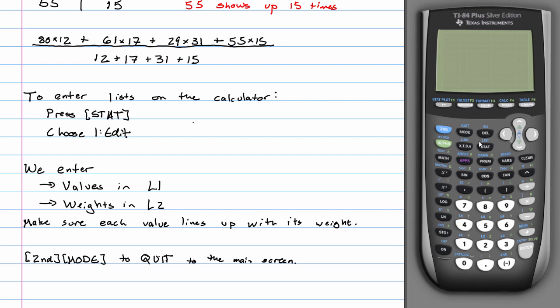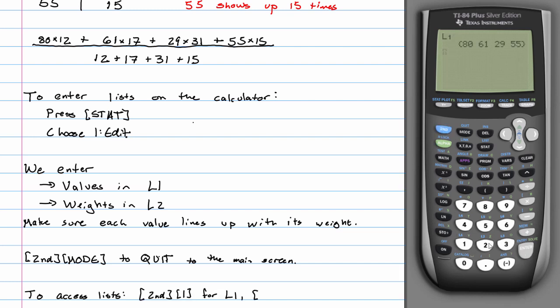How could I access it? Well, looking at the calculator keypad, I see that I have L1, L2, L3, L4, L5, and L6, just above the numbers 1 through 6 in blue. Whenever I want to get the blue command, I press second and then that key. So if I want to access L1, I press second 1.